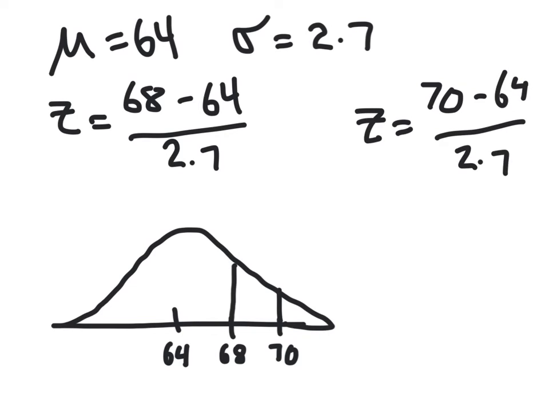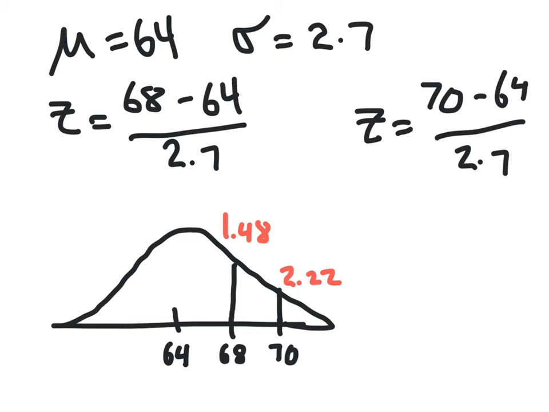We're going to basically translate these heights into how many standard deviations am I above the mean. It's kind of like normalizing the curve, I guess they would say. Okay, so what do we get for that? There are our two z-scores, 1.48 and 2.22.